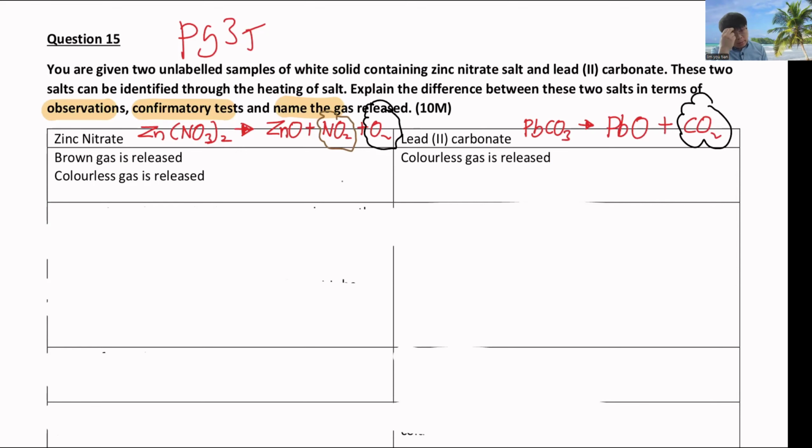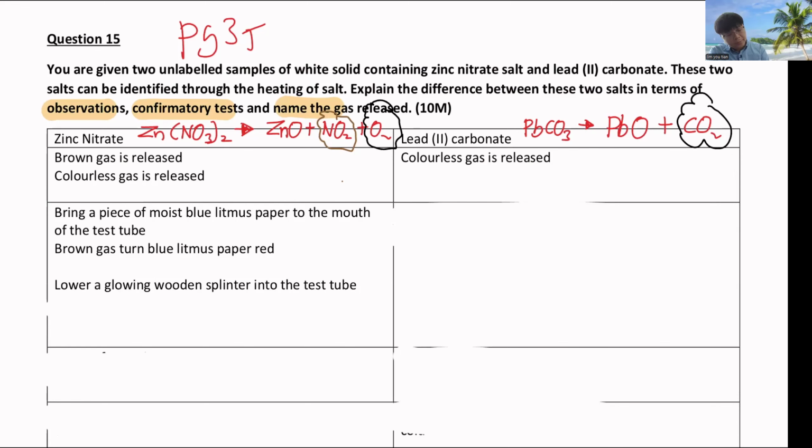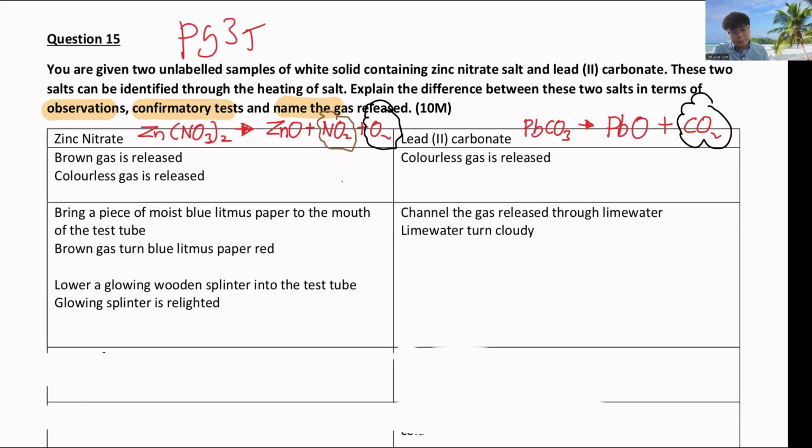Then confirmation test. You need to do something to confirm this gas. How to confirm? For the oxygen gas, use the glowing wooden splinter, it will rekindle. For nitrogen dioxide gas, it actually is an acidic gas, so you can test with the litmus paper, then it will turn red.